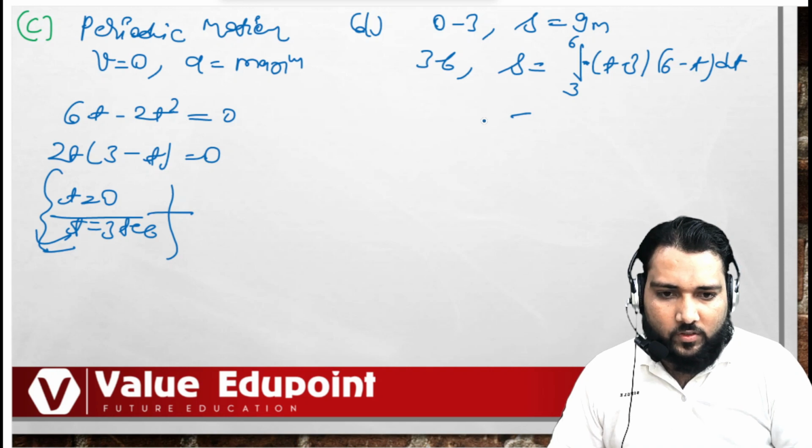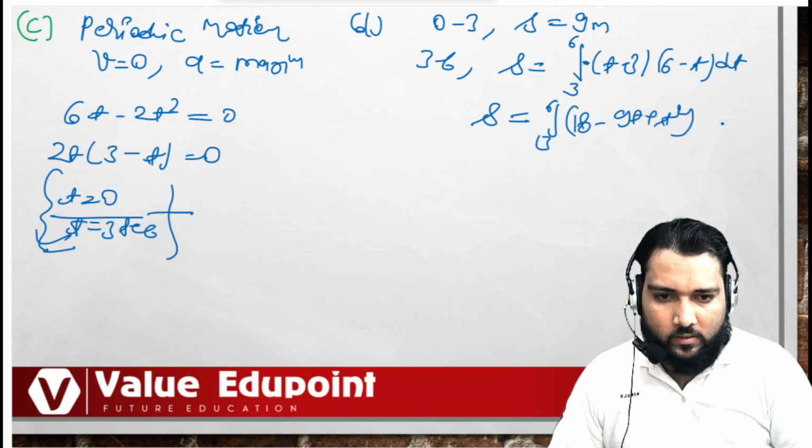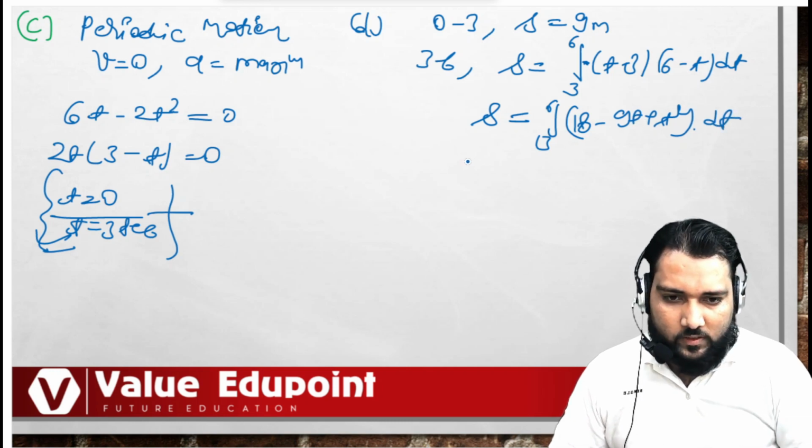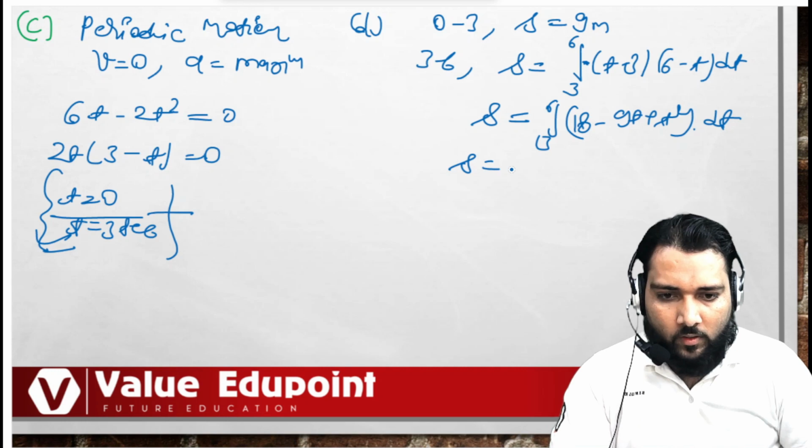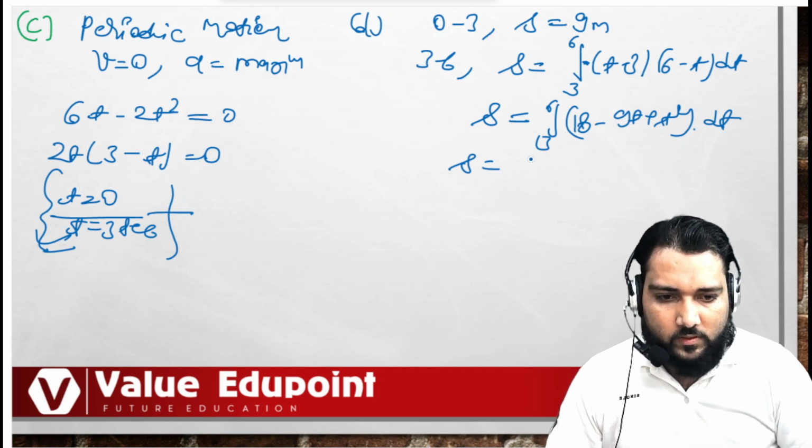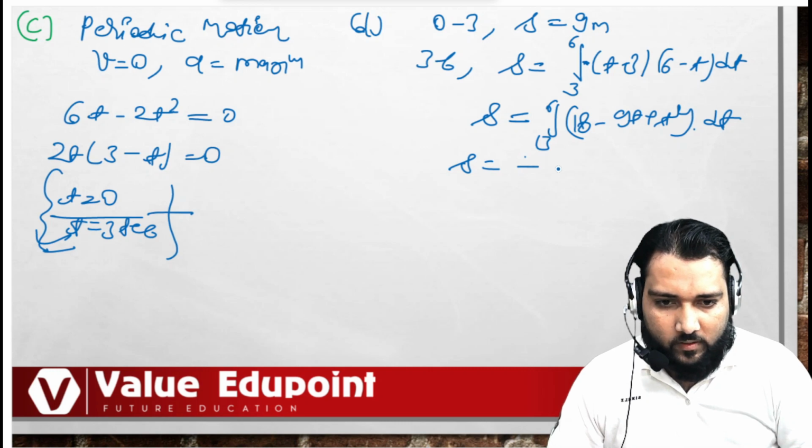When you further solve it, the integral from 3 to 6 of minus 18 plus 9t minus t square dt, so s comes out to be minus 4.5 meters.